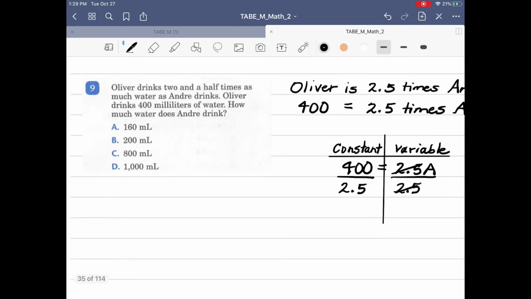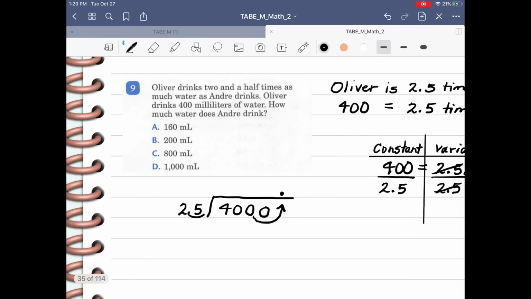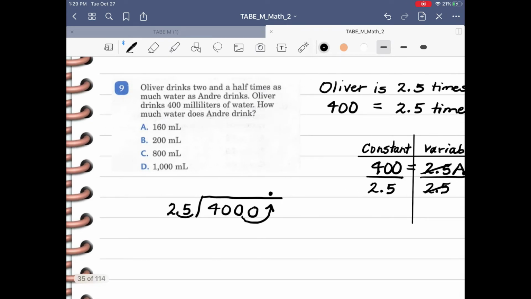Not always, but usually. So 400 divided by 2.5. Have to move that decimal, which means moving it here and adding a 0. And you can list the iterations. Let me just do that because that's what I've told you to do.